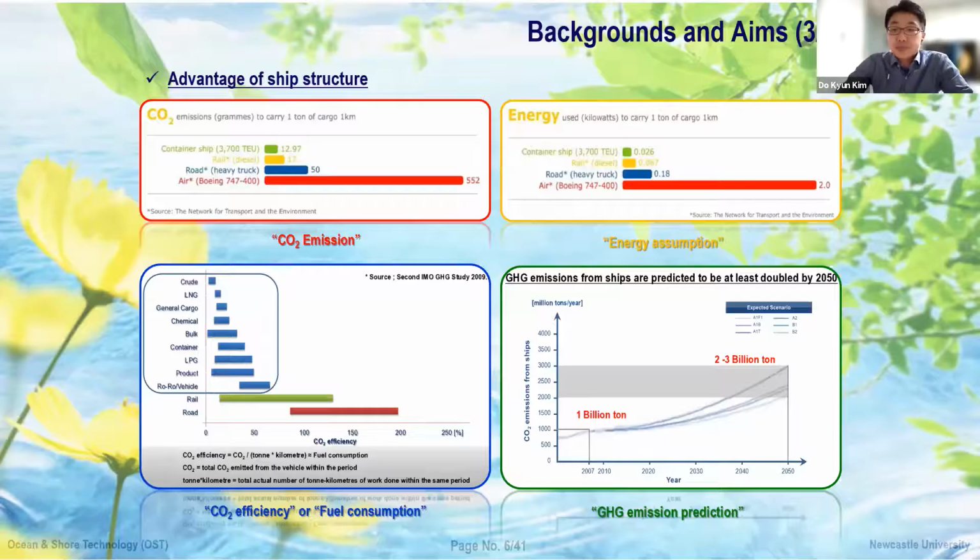So in the case of ship structure, I'd like to highlight the advantages of the ship structures. As you can see here, the left top box talks about the CO2 emissions. And of course, ship structures are a much better option than the rail or the road or the airplane for delivering the cargo. And in terms of the energy consumption, of course, shipping is the best option.